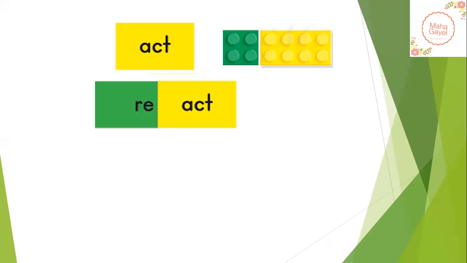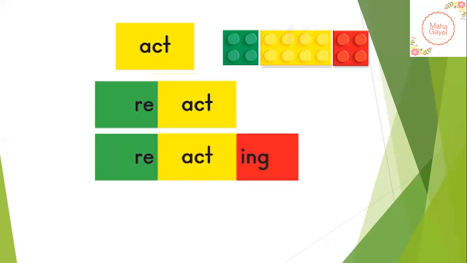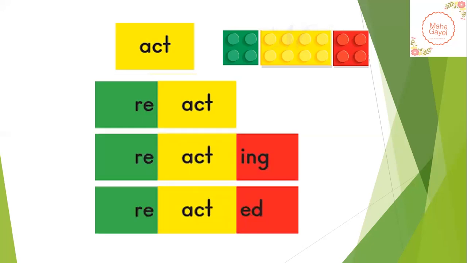Let's imagine now I'm going to add another syllable or group of letters, but where now? Yes, at the end of the root word. Now we have another new word, which is reacting. Yes, it's a new word, reacting. And to differentiate and know the mission of the syllable that is added at the end of the root word, imagine with me this new word, reacted.